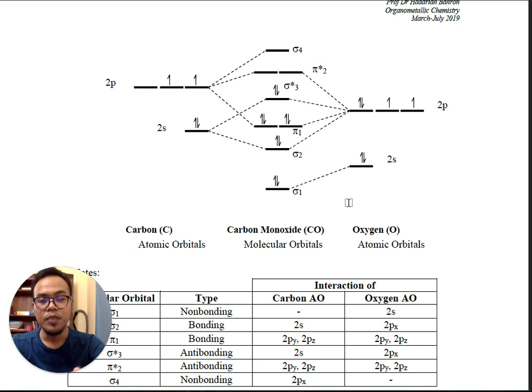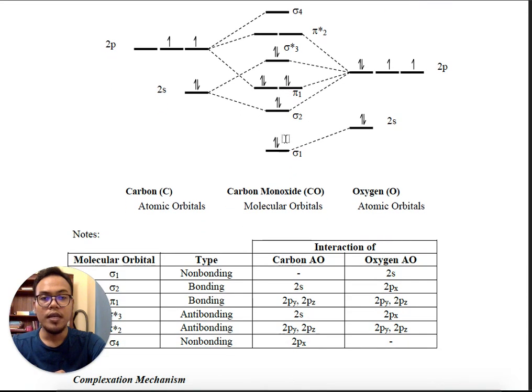So this is well known, I hope. From this diagram, we understood that the HOMO for your carbonyl is sigma antibonding, and the LUMO for your carbonyl is pi antibonding.